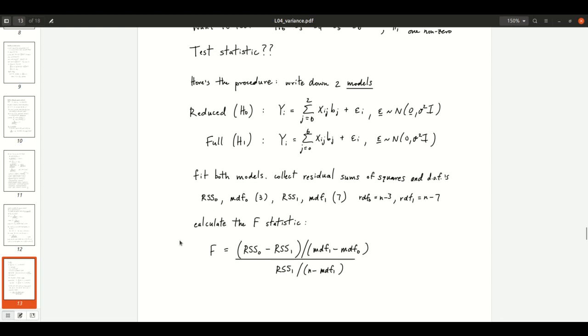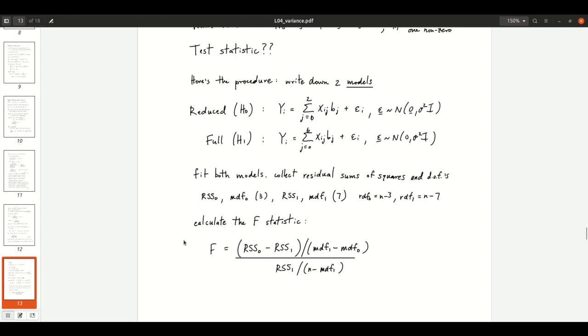All right, and here's the F statistic. We take the difference between the reduced model sum of squares and the full model sum of squares, divide that quantity by the difference in model degrees of freedom, and then divide the whole thing by what turns out to be the variance estimate from the full model, which is equal to the residual sum of squares of the full model divided by its residual degrees of freedom.